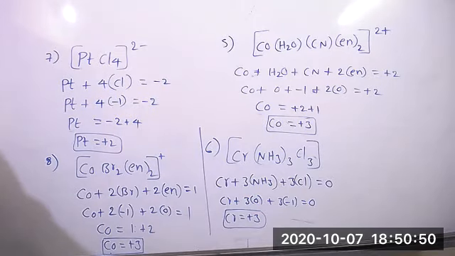This is only the calculation of the oxidation state of the central metal atom. Now we'll see how to give the IUPAC name of complex compounds.